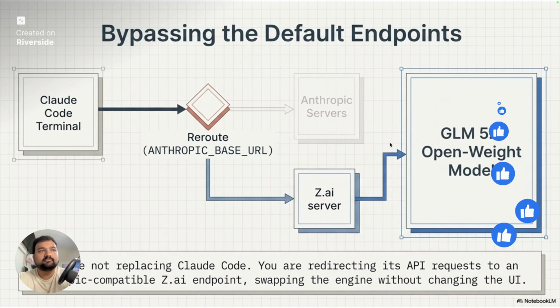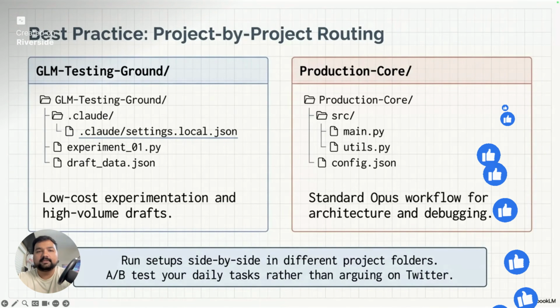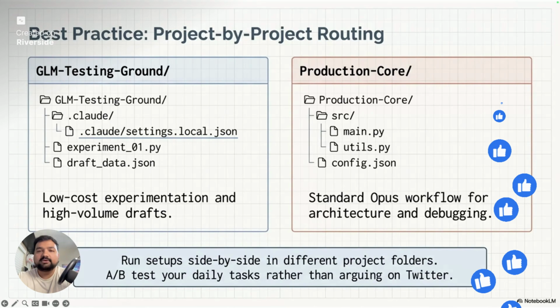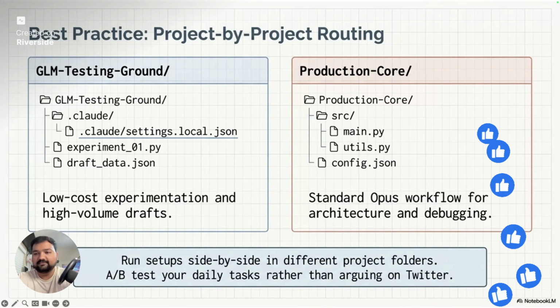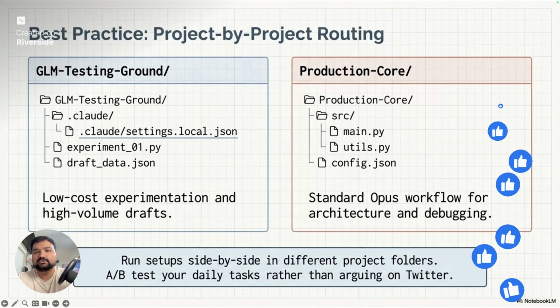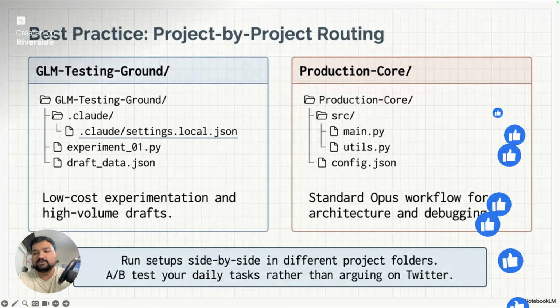So with the best practices, my recommendation is to use project by project routing, and do not globally force every task to use the same model. Create one folder for GLM testing, create another folder for your normal Opus workflow.